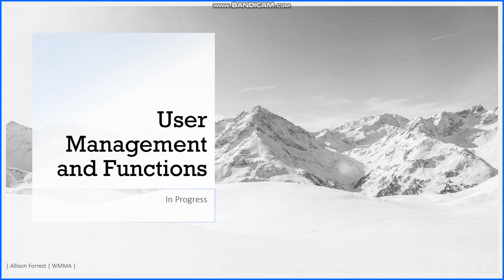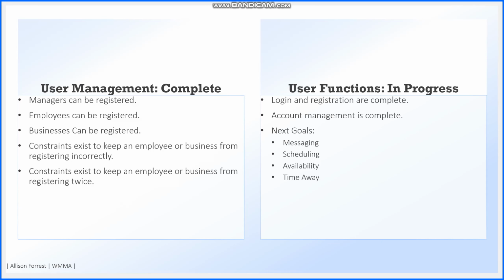The user management and functions are all in progress right now. So user management itself has been completed. Managers, employees, and businesses can all be registered. Generally, that looks like a registration page that branches off from the login page. And managers and employees will register separately, where employees simply register under their business.